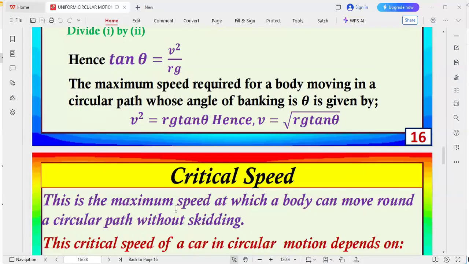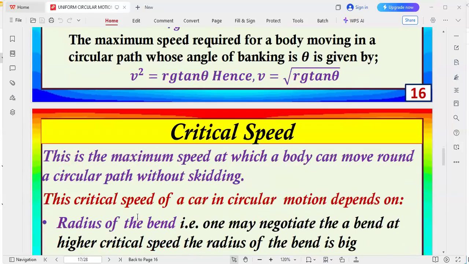This is the maximum speed at which a body can move round a circular path without skidding. So any speed below that is okay. Above that, the car skids out of the road.